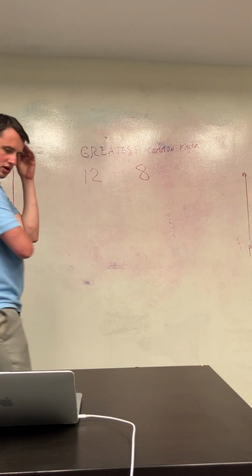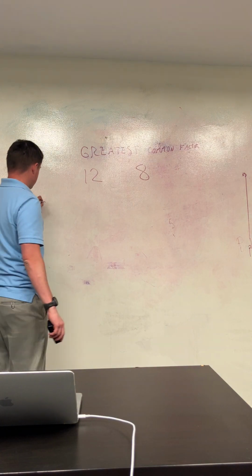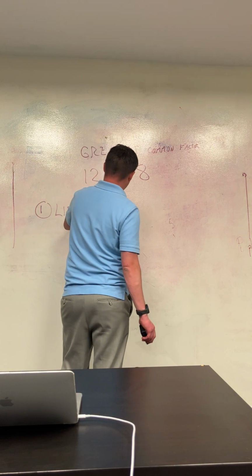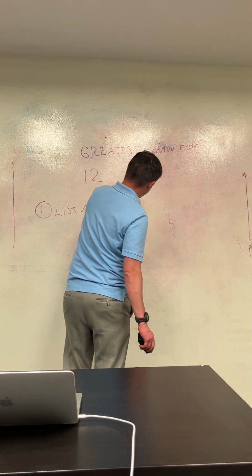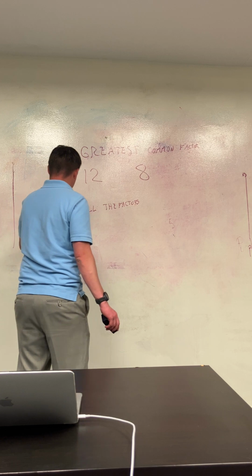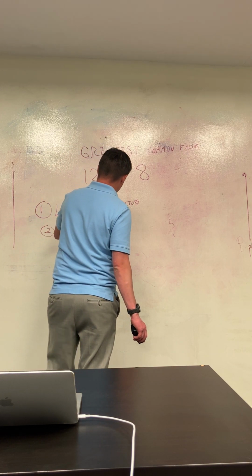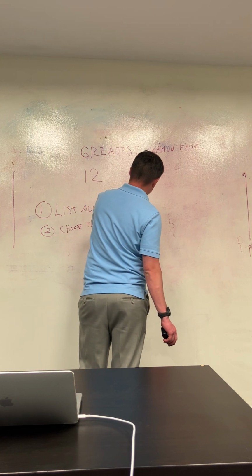When we're looking for the greatest common factor, we're looking for the biggest one of these factors that goes into both of them. So I'm going to give you 2 steps. List all the factors. Second step, choose the biggest in common.